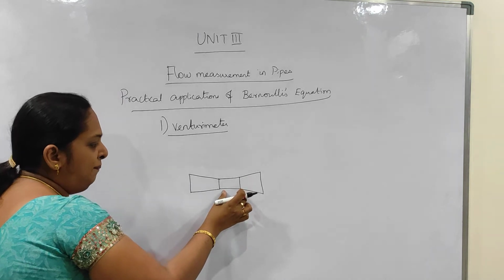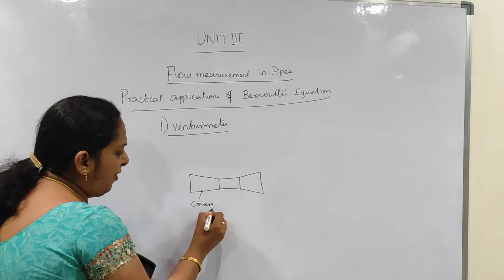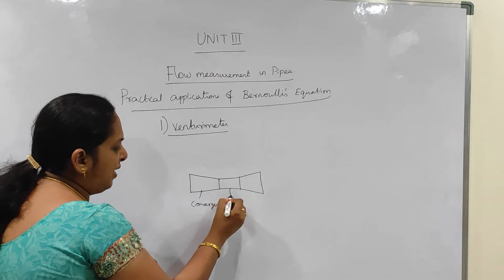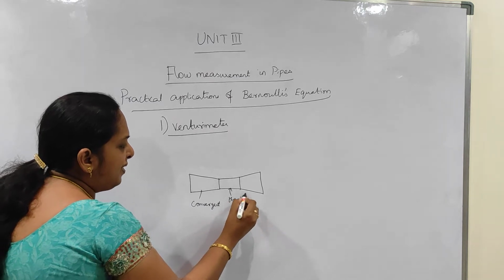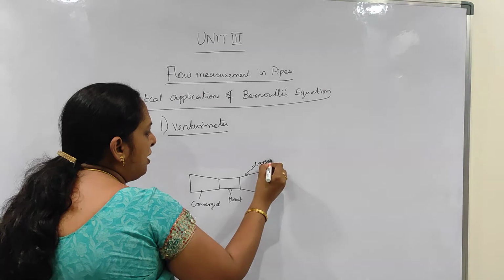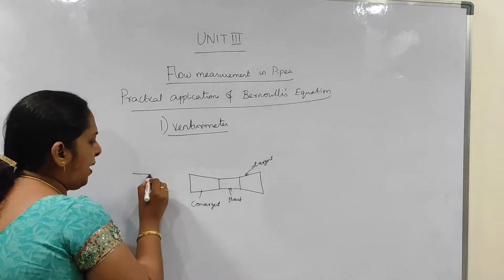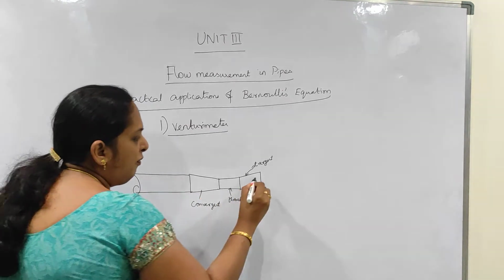This is said to be your throat. So this is the setup of your venturi meter: convergent, throat, and divergent. Here we connect the pipe to this venturi meter where we want to measure the flow of the pipe.